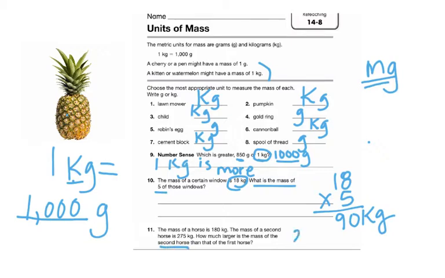So 275 is larger, and we want to find out the difference between those. So how much larger is it? So when you subtract, you will find out your answer. And hopefully you said 95 kilograms.